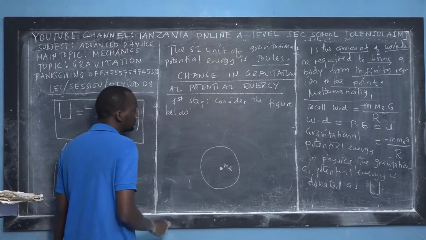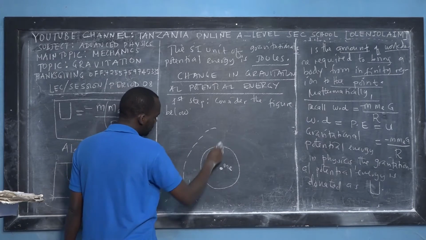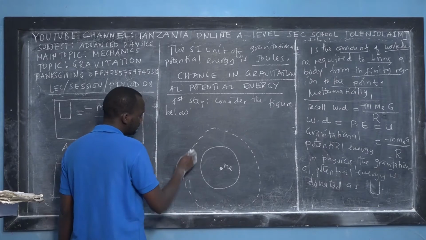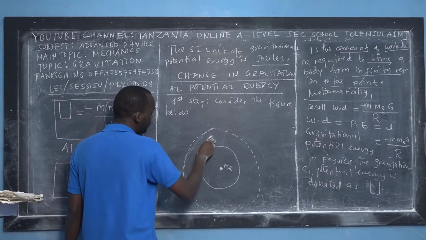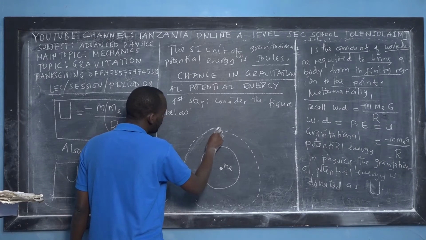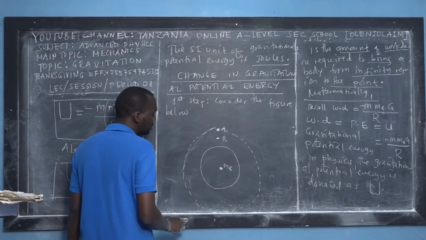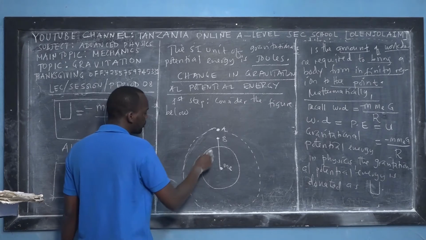Mass of the S, and this is the gravitational field of the S. Suppose that is the gravitational field of the S, and then we want to move the body from point A to point B. Here we have a certain distance, we call it R1.